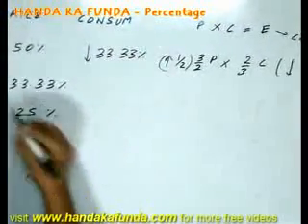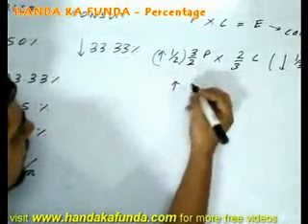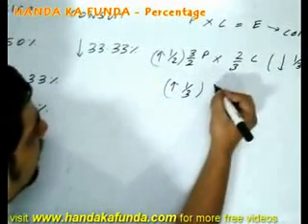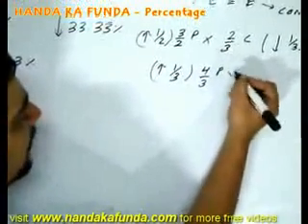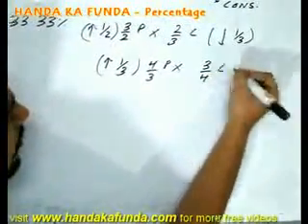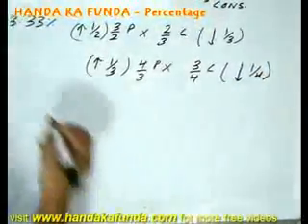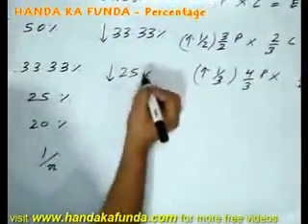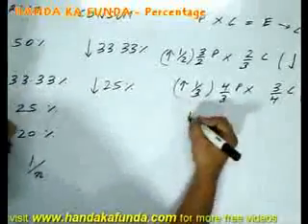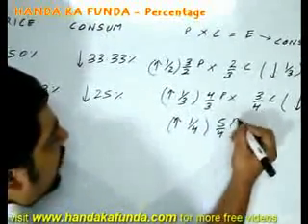33.33%. Very similarly, if the price goes up by 1/3, that means the new price is 4 by 3 times the original price. To compensate for that, consumption should become 3 by 4 of the original, which would mean that the fall in consumption is 1/4 or 25%. An increase of 25%, that is an increase of 1 by 4, means the price is 5 by 4 times the original.